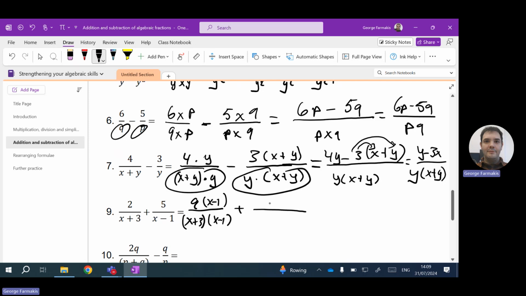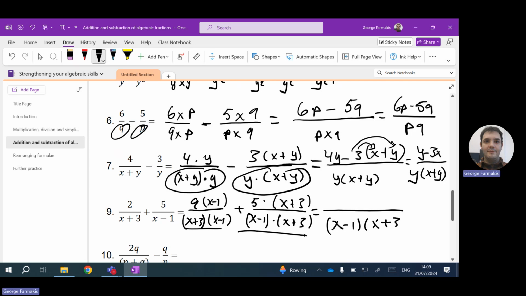Plus, let's write the second fraction, 5 over x plus 3, and we multiply with the denominator of the first fraction, x minus 1 over x minus 1. So here we have now the same denominators. So we have x minus 1 times x plus 3, and the numerator is 2 times x plus 3 plus 5 times x minus 1.